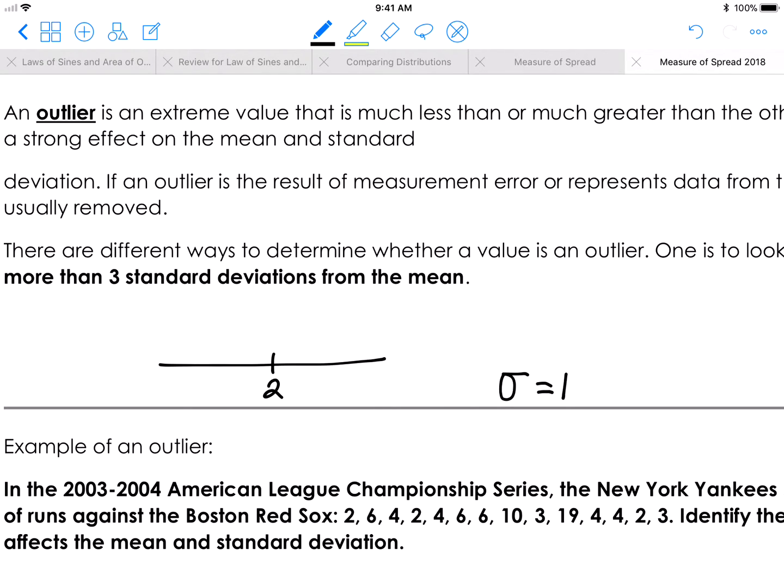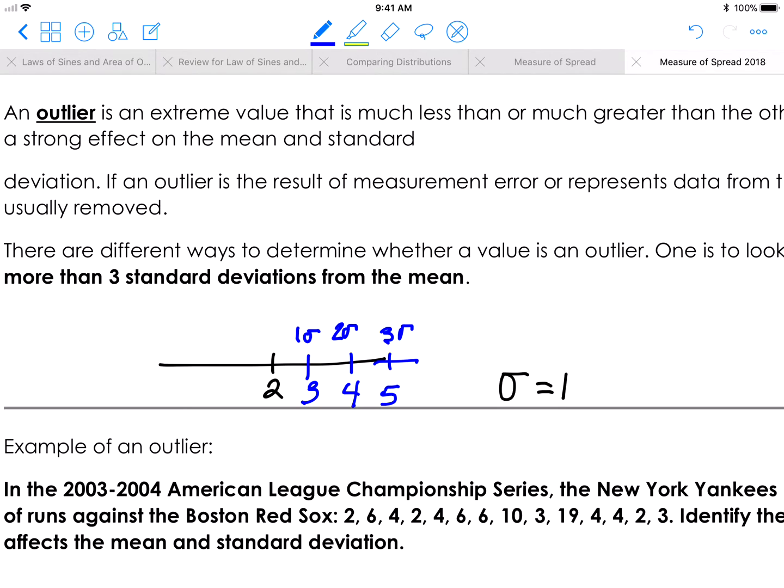This would be 1 standard deviation, so we would add 2 plus 1, and that would give us 3. Then we would add another standard deviation to 3, so that would be 4, and another one, and we would get 5. So this is 1 standard deviation, 2 standard deviations, 3 standard deviations away from the mean.